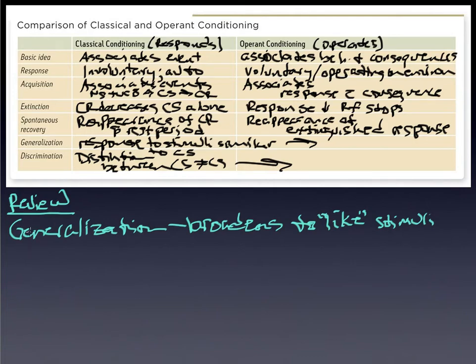All the concepts here are similar across operant and classical. They are applied slightly differently because one depends on the organism's response, the other depends on the association of events. Those are key concepts to understand.